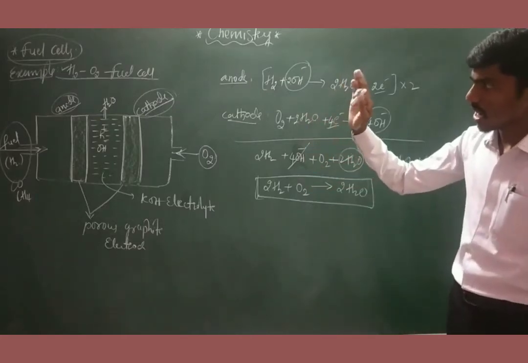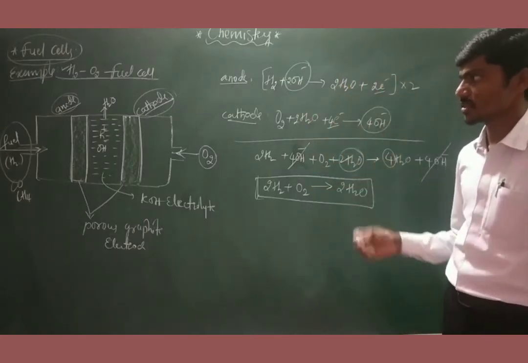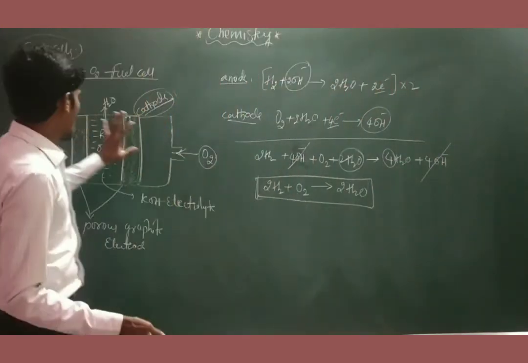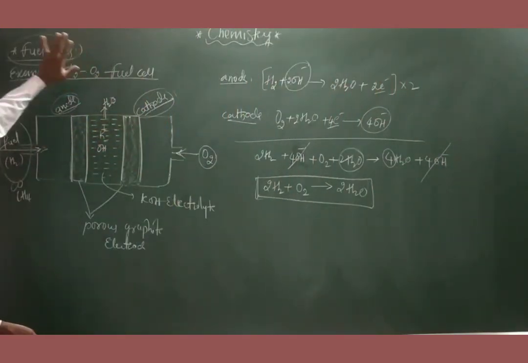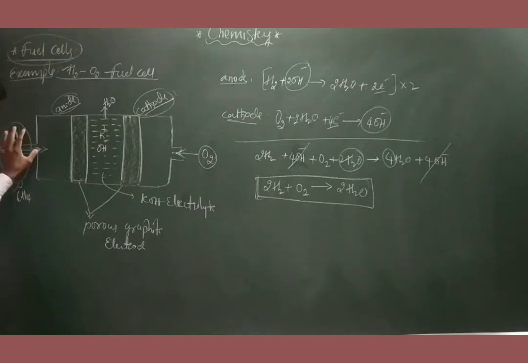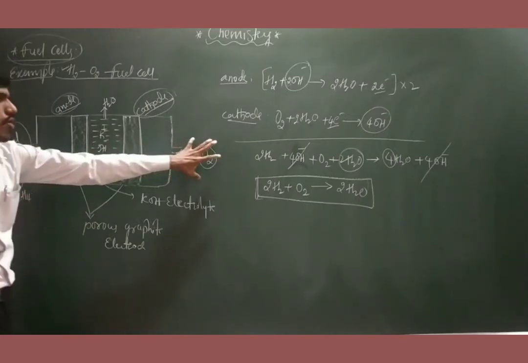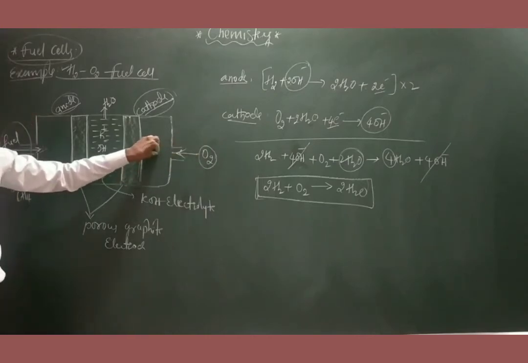This is the hydrogen oxygen fuel cell. What is there in the hydrogen oxygen fuel cell? Simple. In the hydrogen oxygen fuel cell, fuel is introduced into the anode compartment through the porous graphite electrode in the presence of the electrolyte KOH, and oxygen is passed into the cathode compartment.